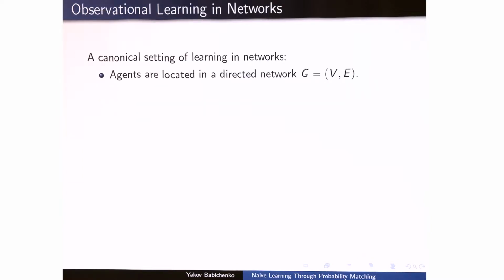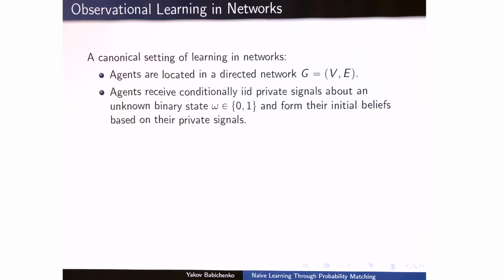Now let me repeat the same slide, but slightly more formal and more specific. A canonical setting of social learning is the following. Agents are located in a directed graph. Agents receive some initial information, which is captured by a conditionally IID private signal about an unknown state. In this talk, I will talk about binary states. So there is an unknown binary state, and they form their initial belief based on their private signals.